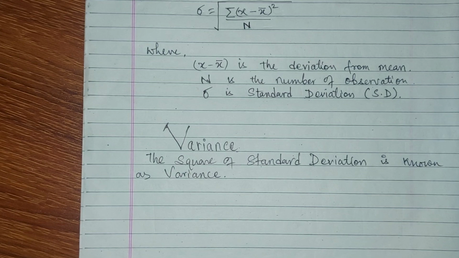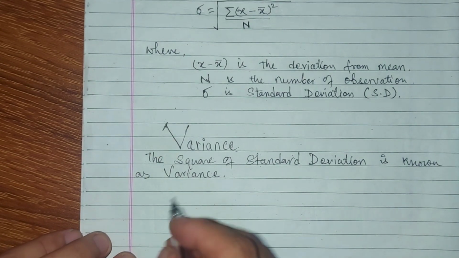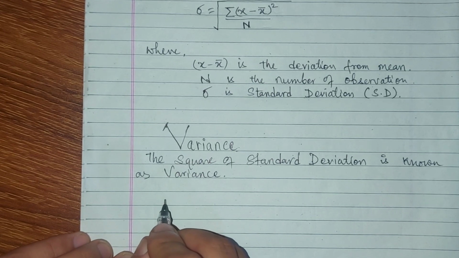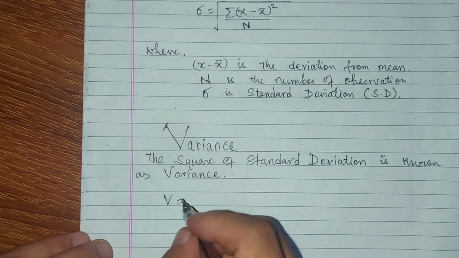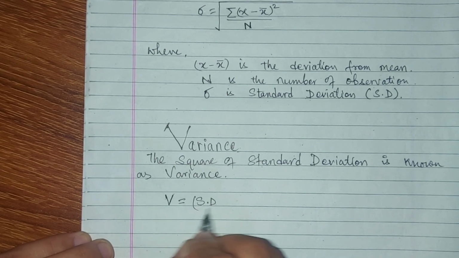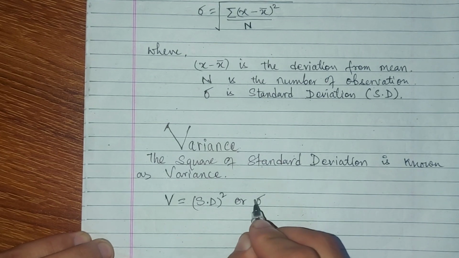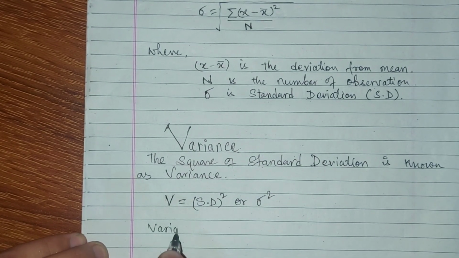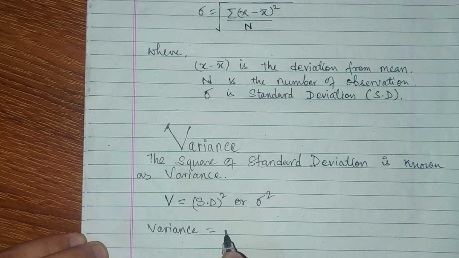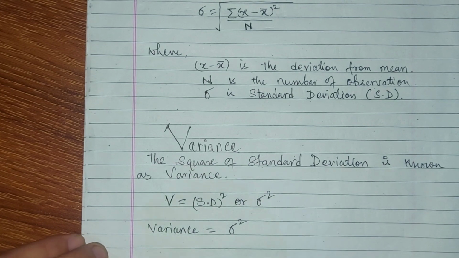Variance is nothing, it is a square of standard deviation. That means variance is equal to sigma square.